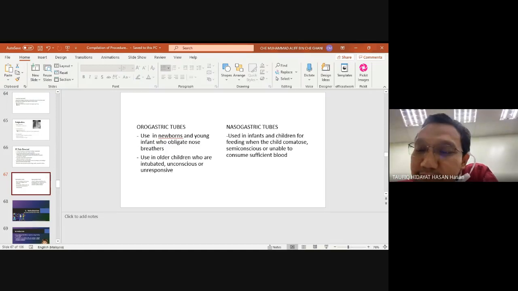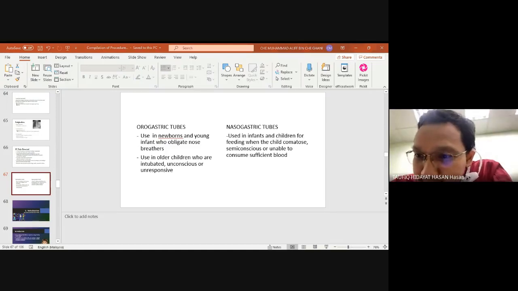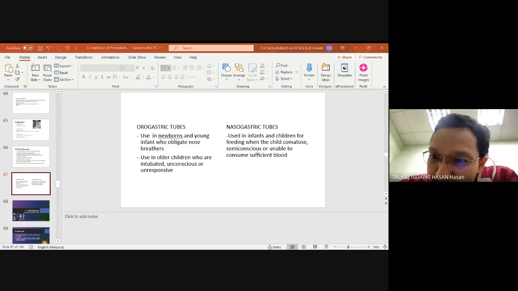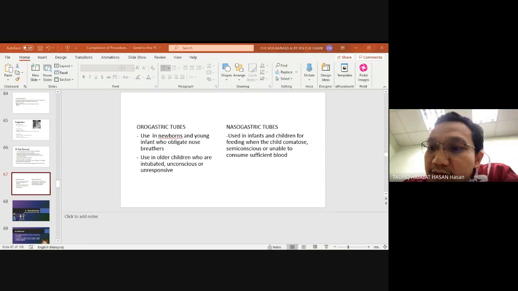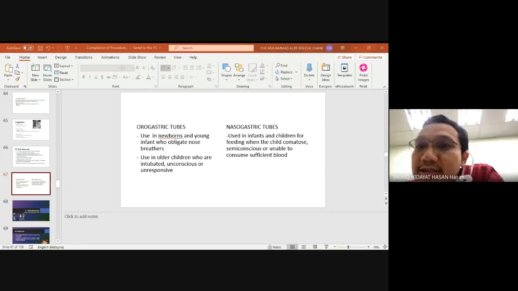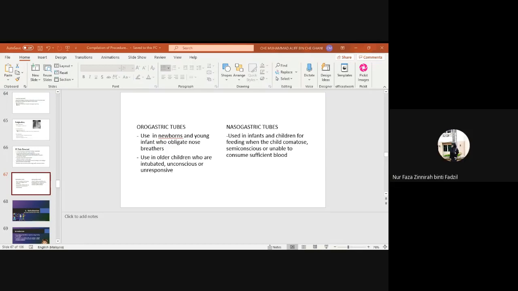NGT. So orogastric is more physiologic. The problem lah kalau in older children, kalau dia alert, coba mute dulu.